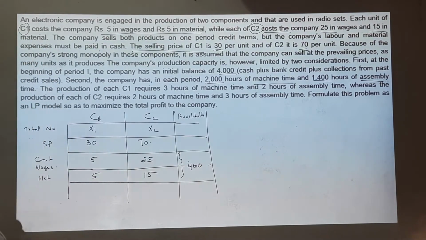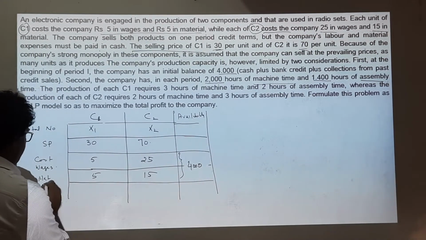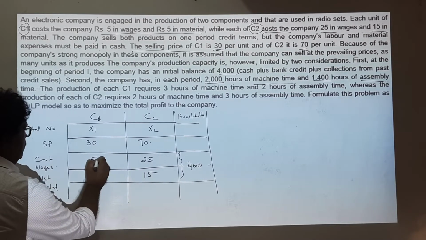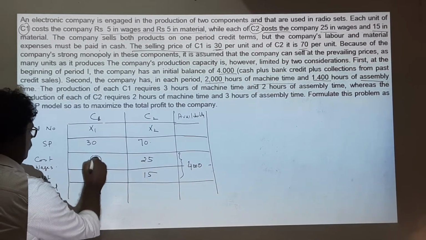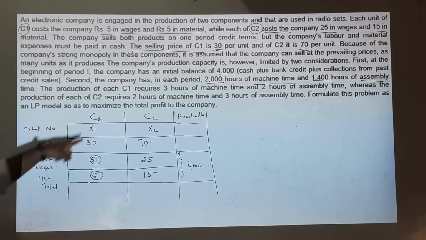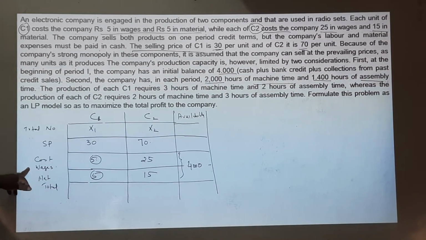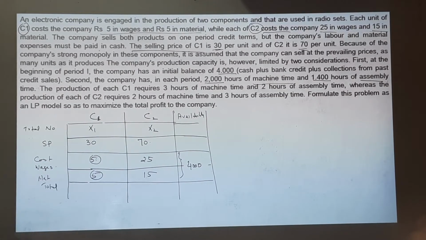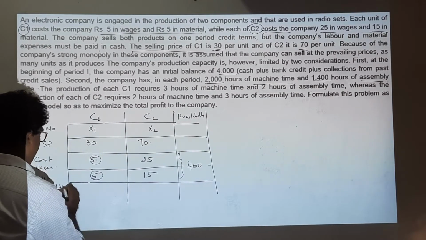Now what is the total cost? Total cost is this plus this. For 1 unit of C1, the cost will be 5 plus 5, because 1 unit wages will be 5 rupees and 1 unit material will be 5 rupees. So total cost will be how much?